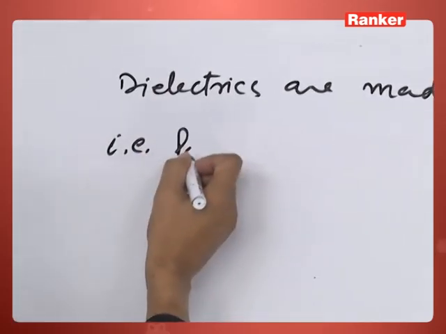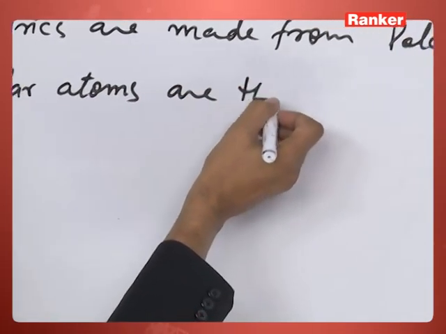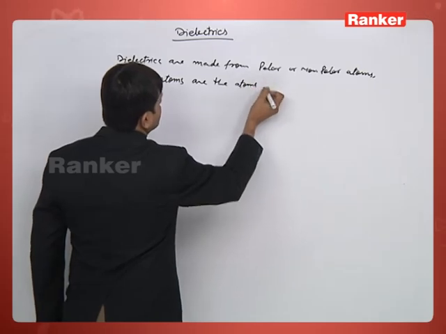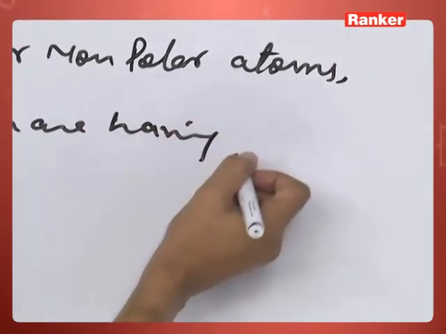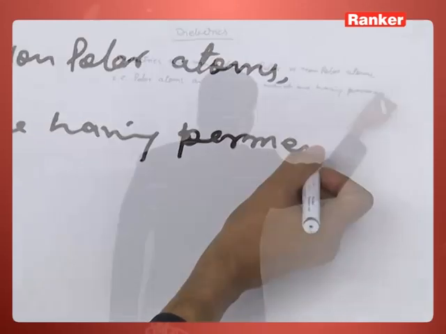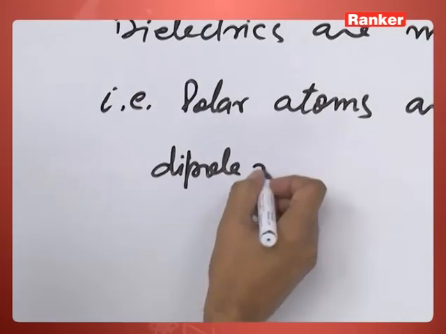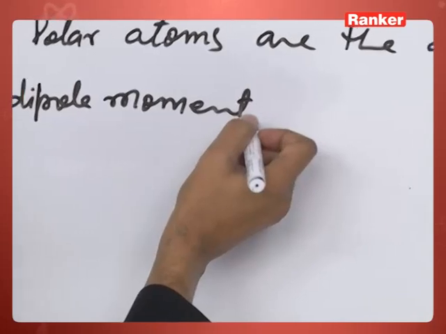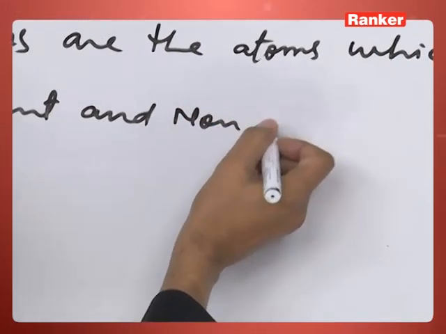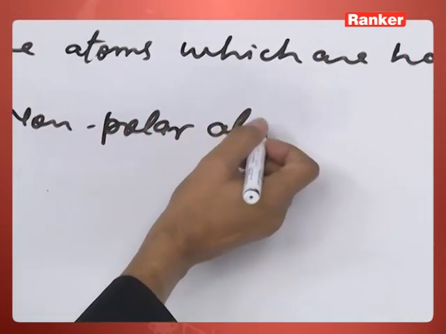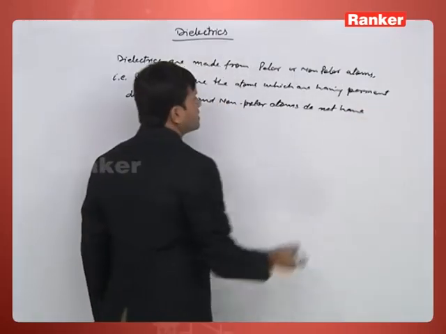Polar atoms are the atoms which have a permanent dipole moment, and non-polar atoms do not have a dipole moment.